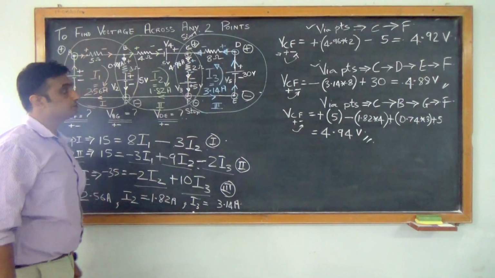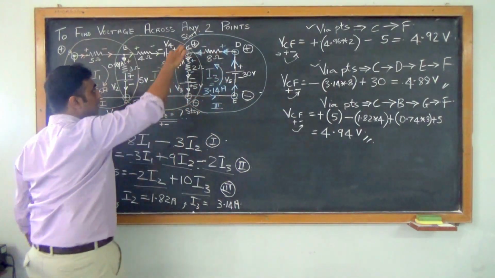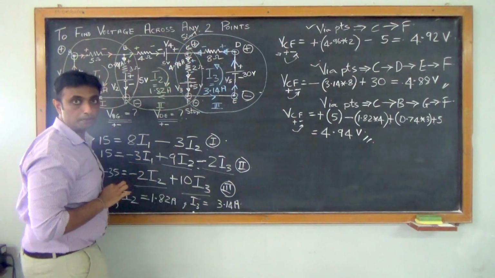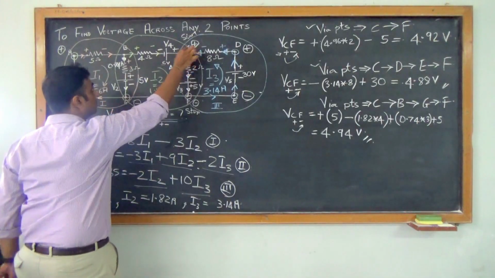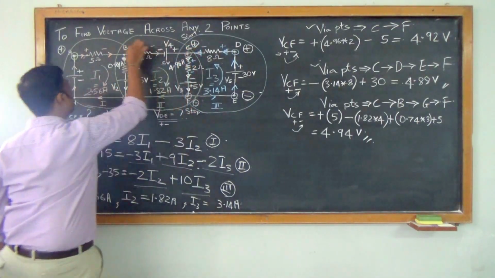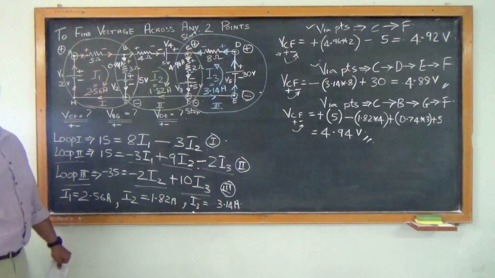So this proves that no matter which loop we take, either we can take the CF loop directly, or you can take the C, D, E, F loop, or you can take this loop, or even this loop, you will get the same value of voltage.